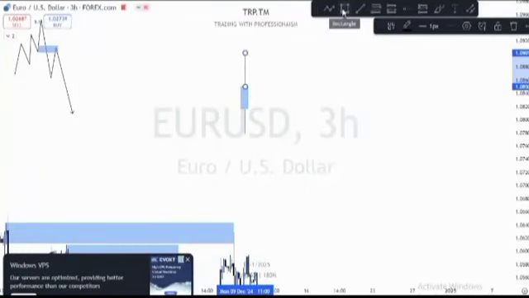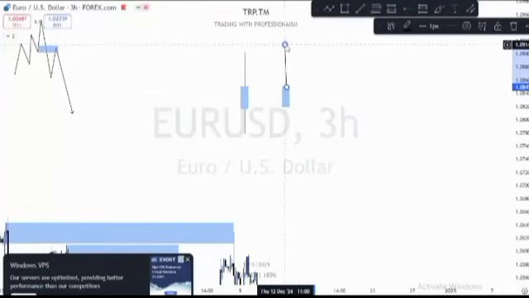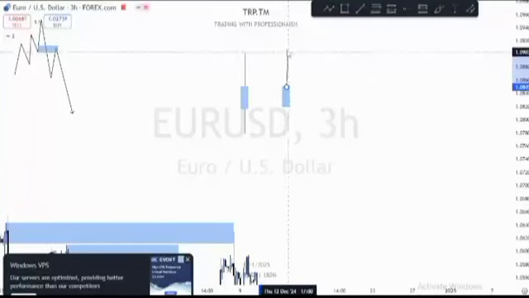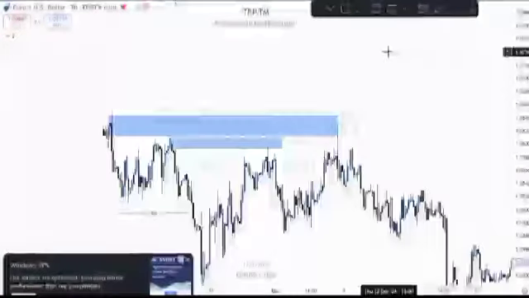Order blocks like this and order blocks like this. A pin bar like this. They carry much power, and once you see them, you can go and check it out. Once you see them, they work quite perfectly.